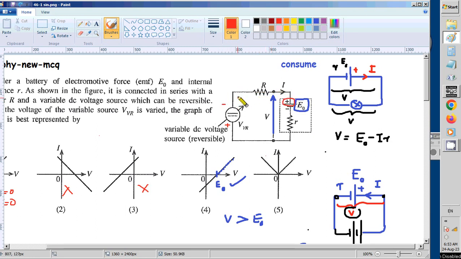So that means these two cells are in series. So there must be a huge current this way, because this one drives current this way, because the current comes out from this positive terminal. So this one also drives current this way, because this positive side is there.